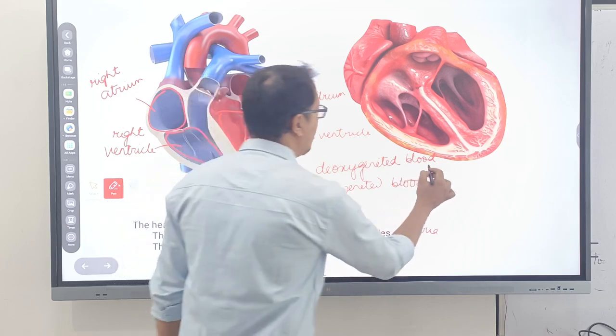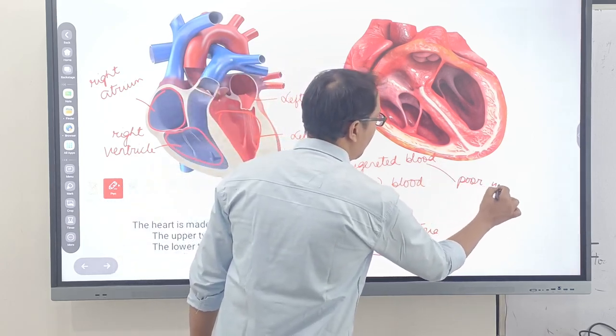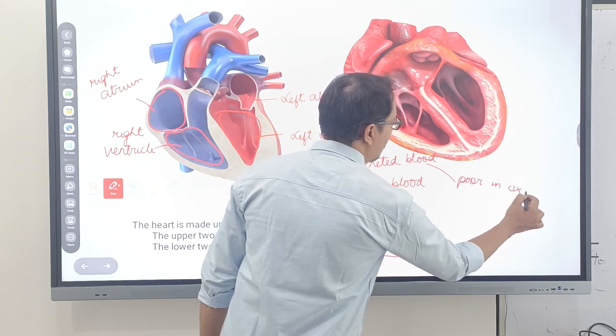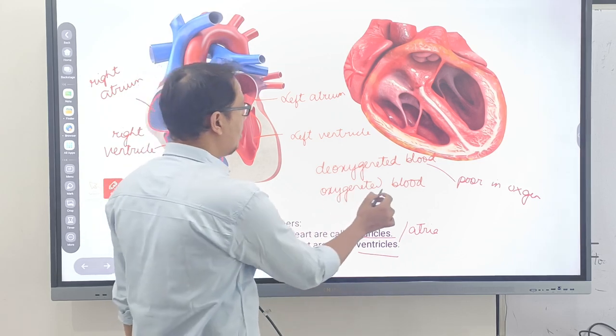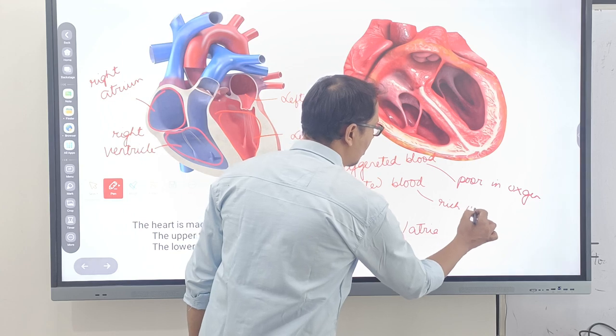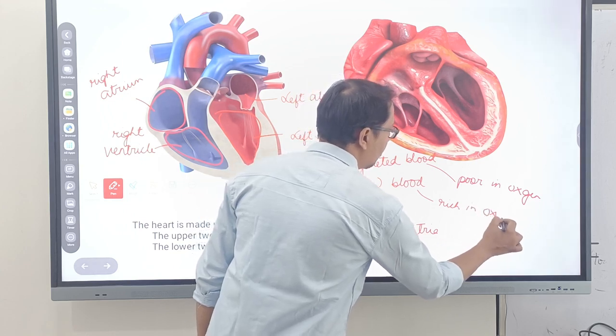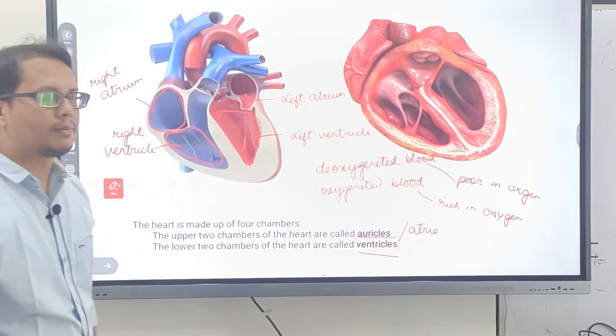It means this is poor in oxygen, or devoid of oxygen. There is a very minimal amount of oxygen. And oxygenated blood means this is rich in oxygen, which is a prime requirement for the survival of the human body.